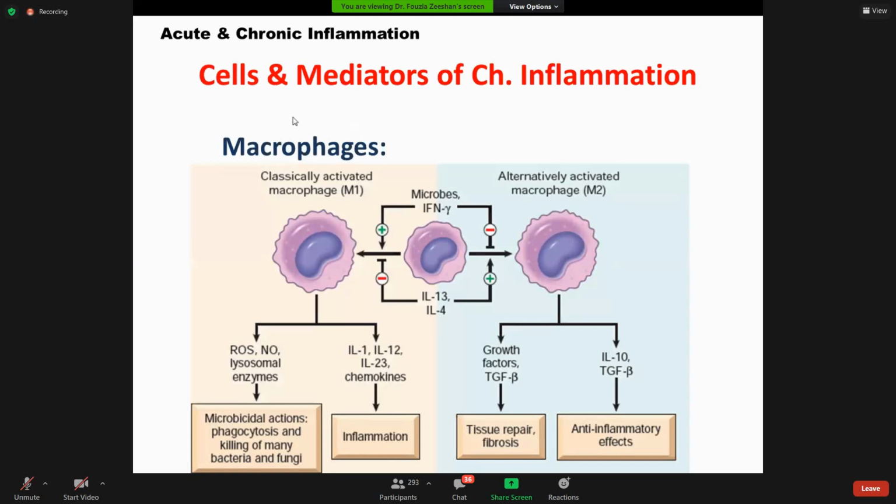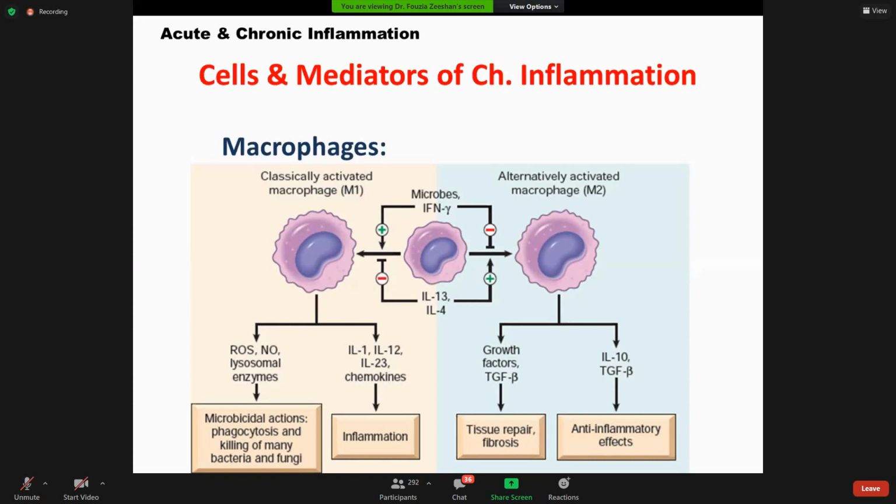When we talk about macrophages, basically they work through two pathways. That is the classically activated macrophages, which are directly activated by the microbes. Macrophages have certain mannose receptors, and mannose particles are found in microbes.